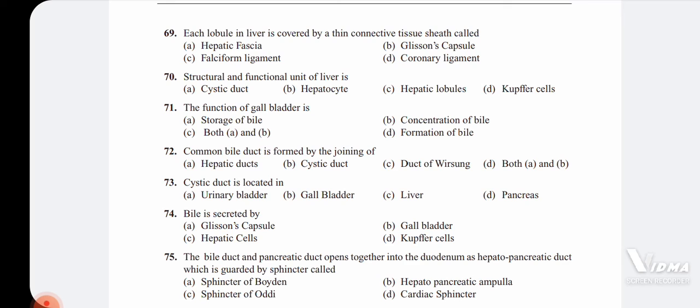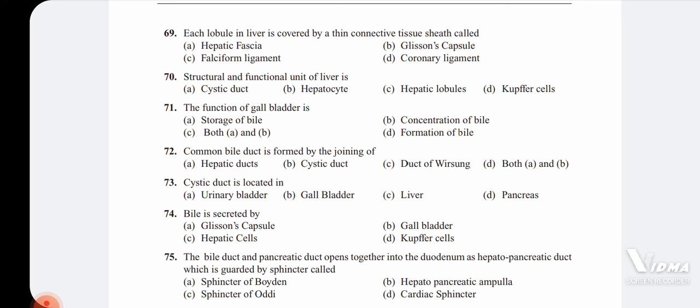The thin connective sheath surrounding the hepatic lobule in the liver is called the Glisson's capsule. Next, 70th, structural and functional unit of the liver. The structural and functional unit of the liver is called the hepatic lobule.